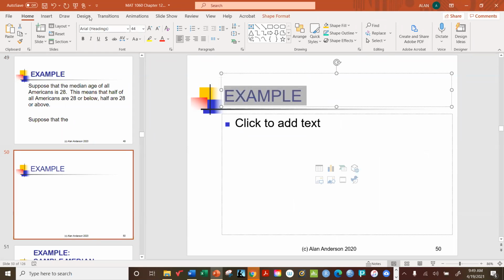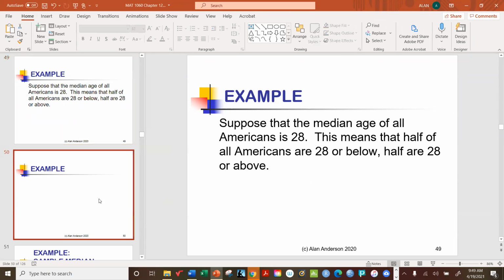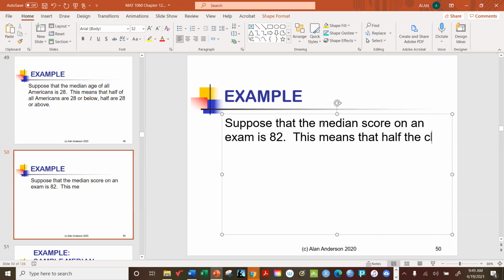All right, this one will be more directly relevant. Suppose that the median score on an exam is 82. This means that half the class had an 82 or below.